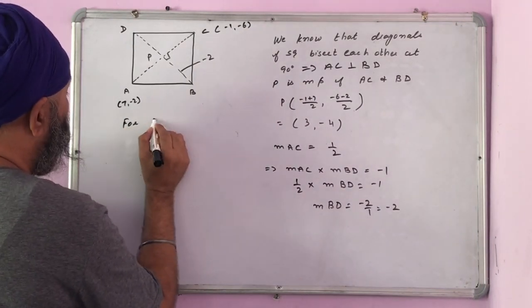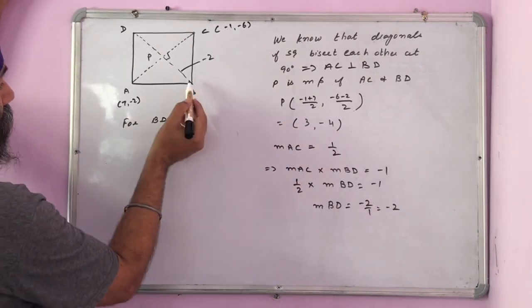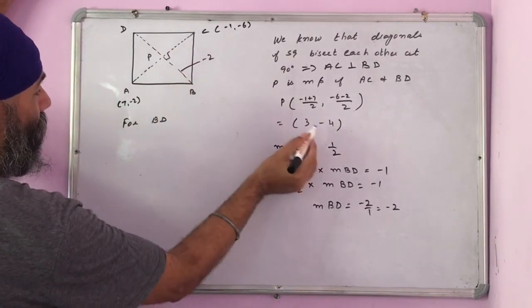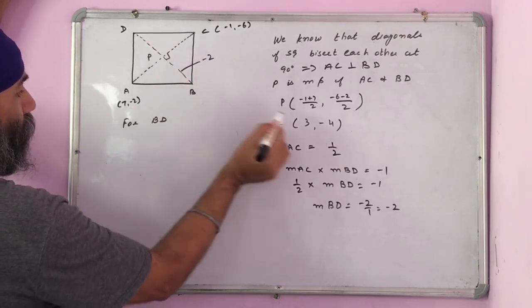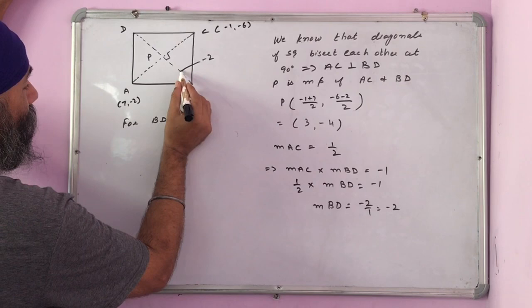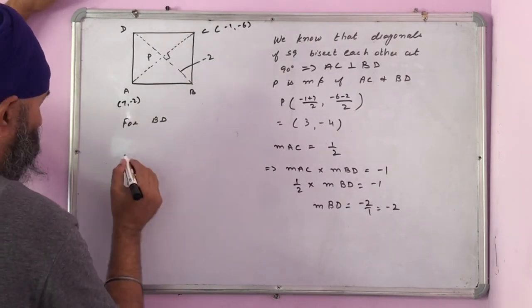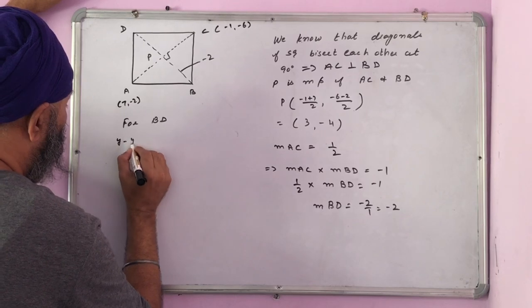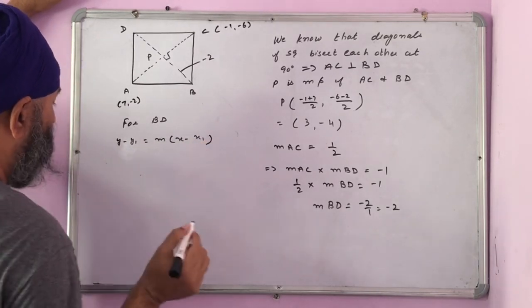Now we can find the equation of BD. For BD, we know this is passing through the point 3 and minus 4. BD is passing through point P. P is 3 and minus 4, and its slope is minus 2. So we apply point slope form y minus y1 equals m times x minus x1.